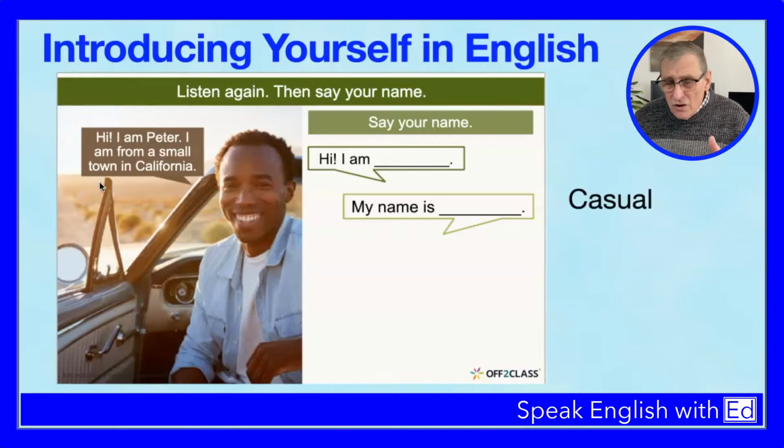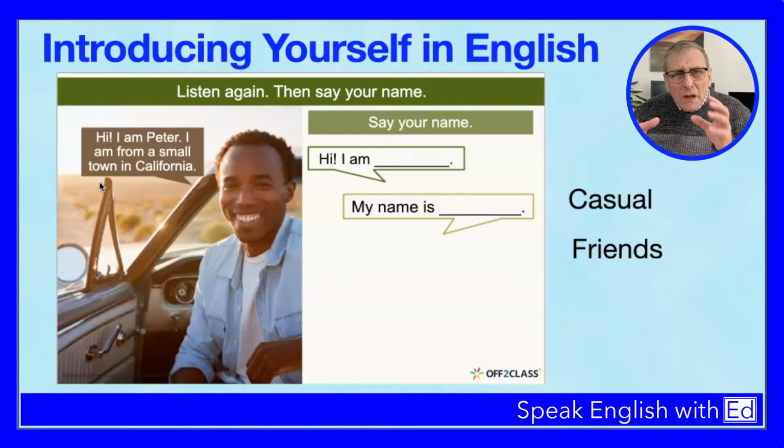He's talking more as though he's talking to friends, because he's using hi. He's not using a formal type of welcome, such as hello, or good morning, good afternoon, good evening.